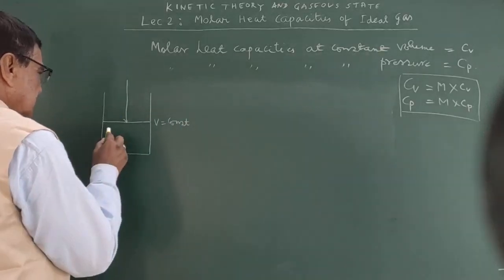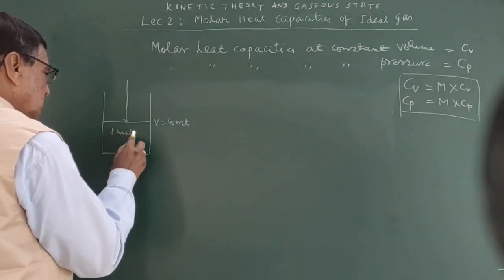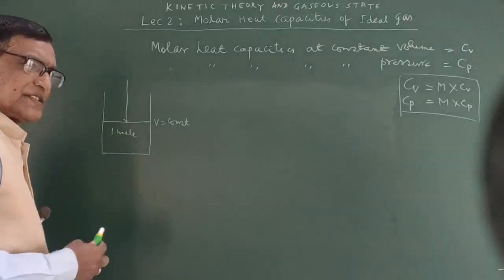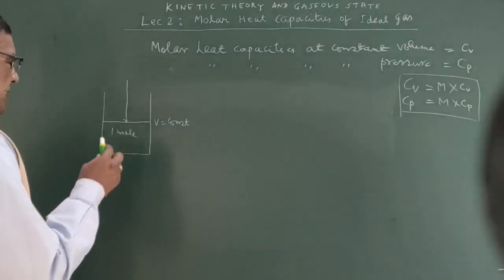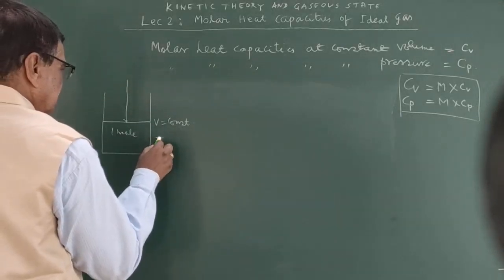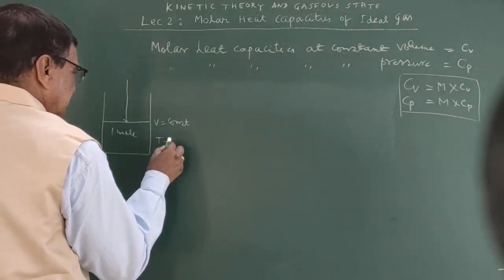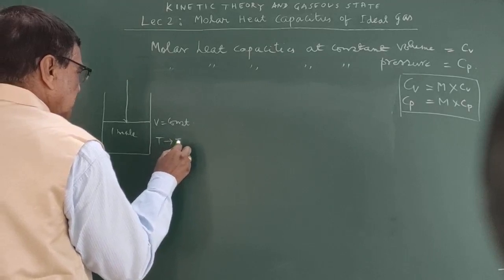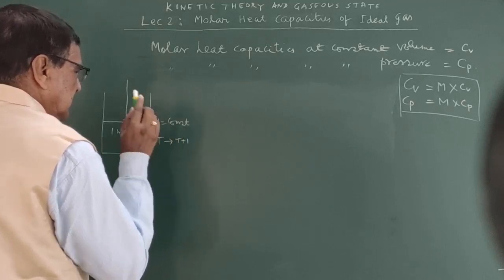V is constant. It contains 1 mole of this ideal gas, and the temperature is raised from T to T plus 1.